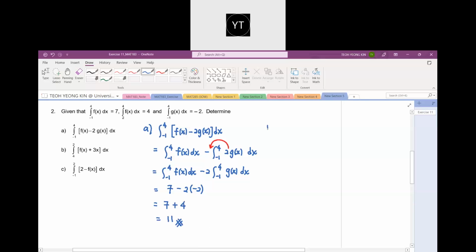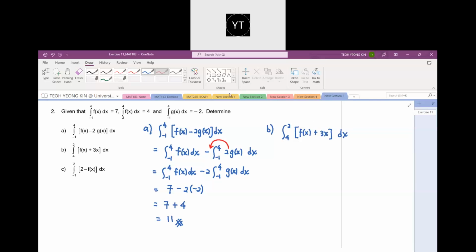So now we move to B. Integration from 4 to 2 of the function f(x) plus 3x with respect to x. You can see here it is 4 to 2. Actually, we have to go from the smaller value to the larger value, so we have to switch places here.